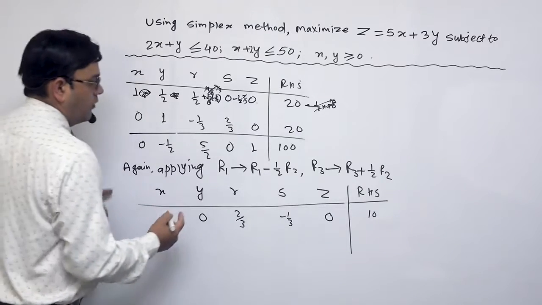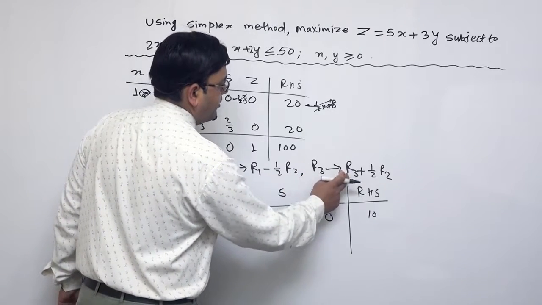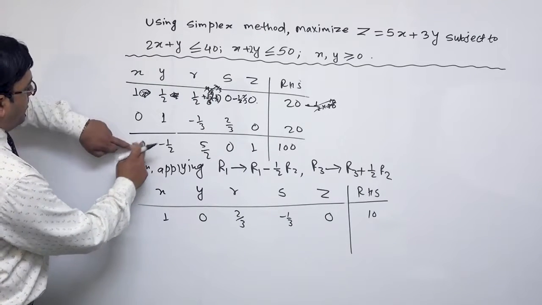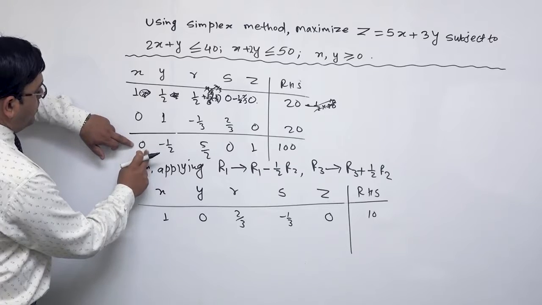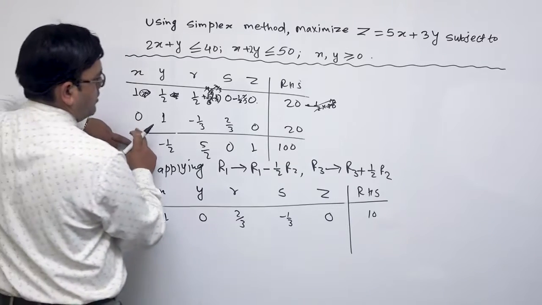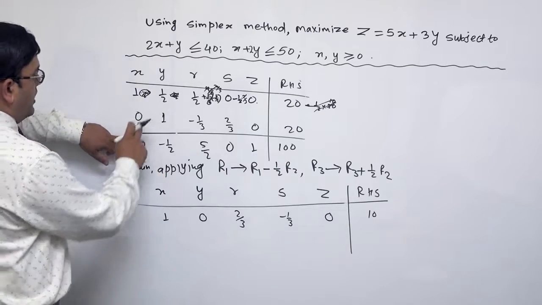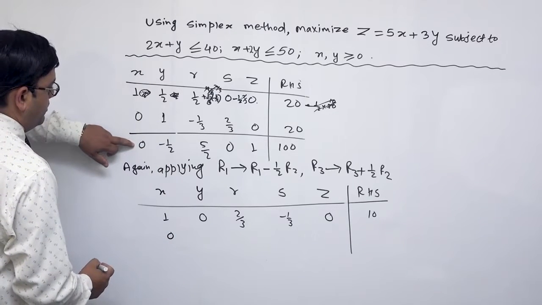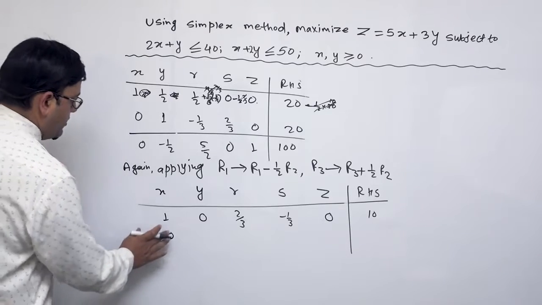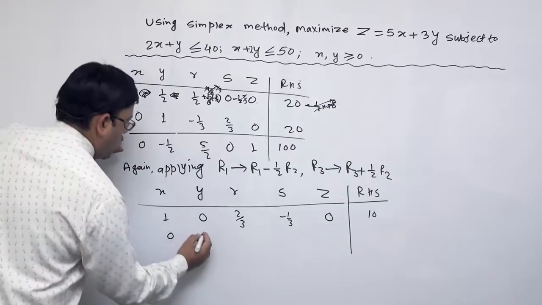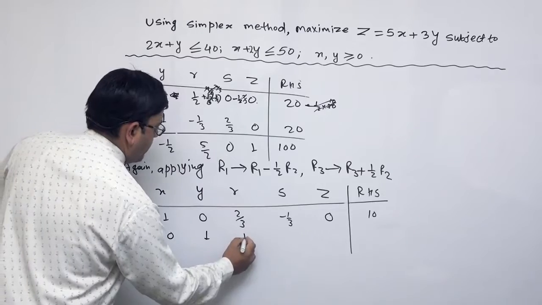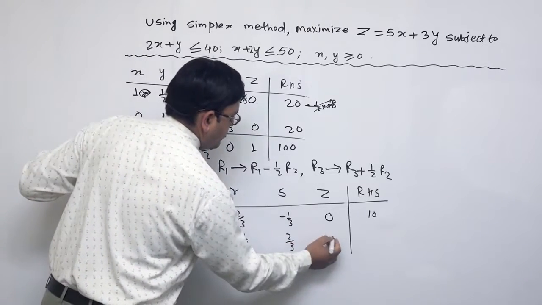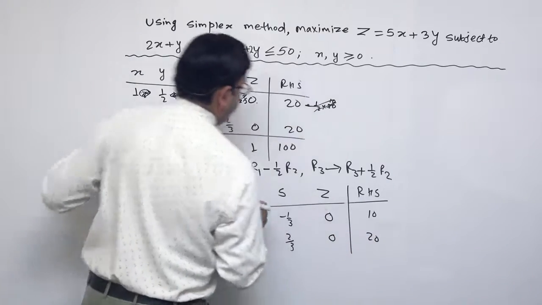Again we have to change R3, R3 changes into R3 plus 1/2 R2. So 0 minus 0 is 0. Dear students, now we have to write this first row: 0, 1, minus 1/3, 2/3, and this is 0, and this one is 20.